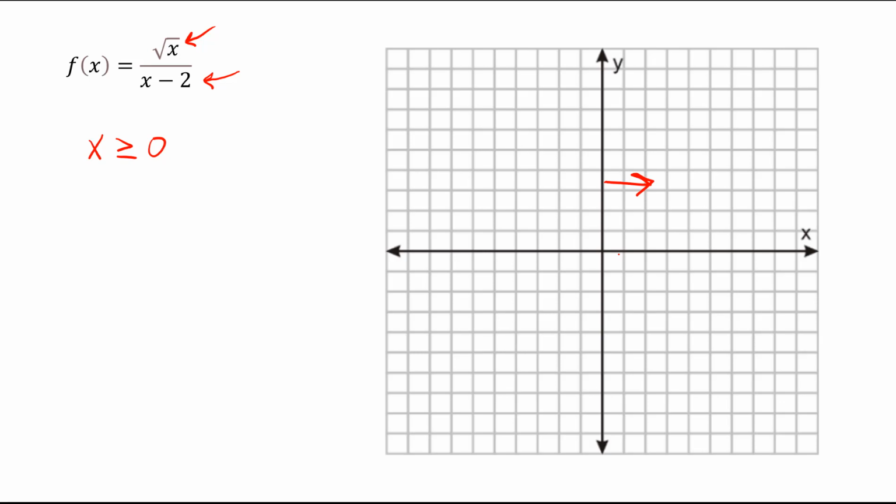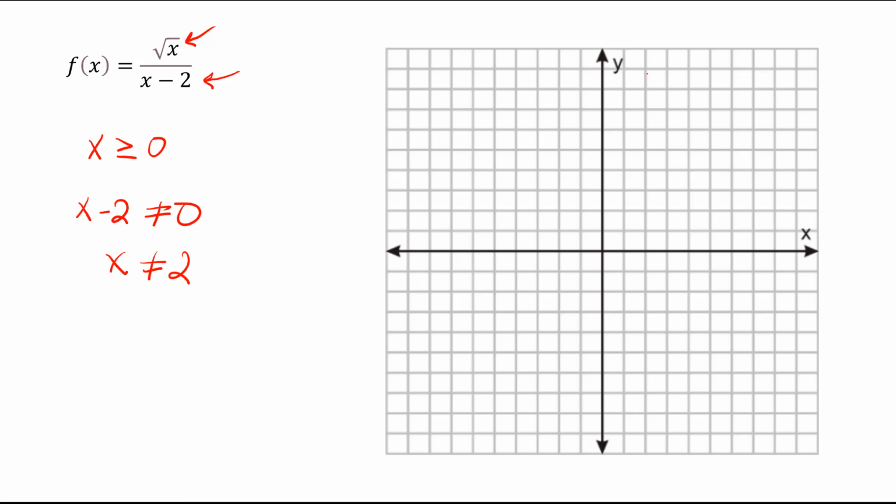And then we look at the denominator and we say x minus 2 cannot be 0. So therefore, x cannot be 2. All right? So what that tells me is that there is a line that the graph will never touch, and that is the line x equals 2.